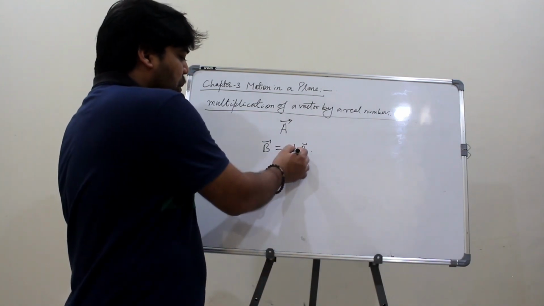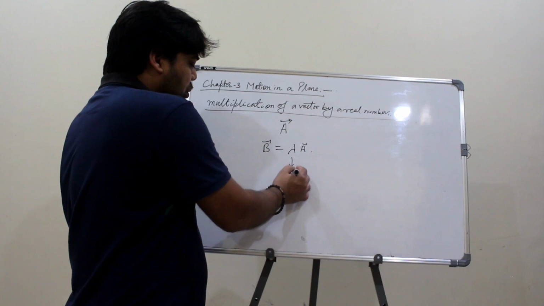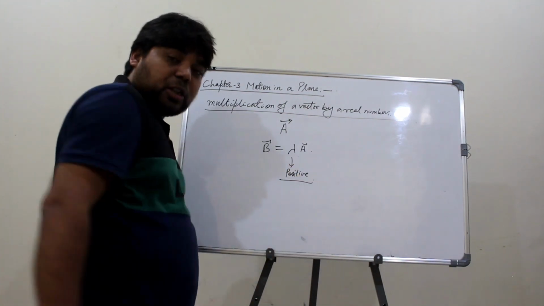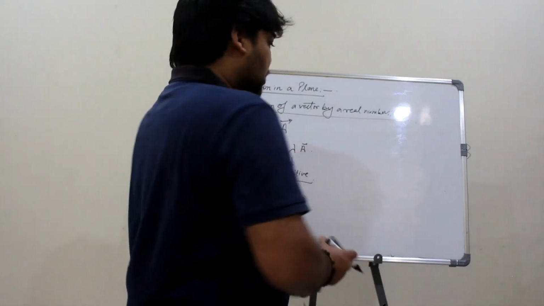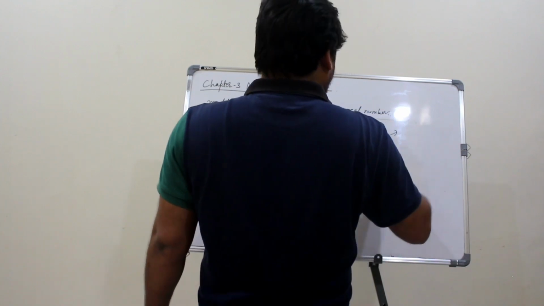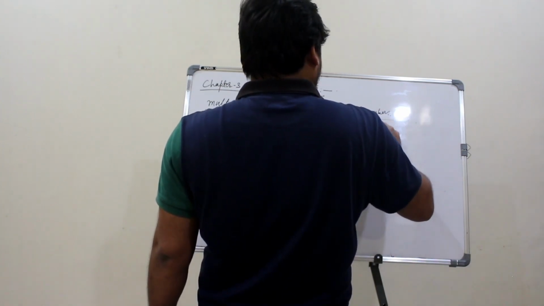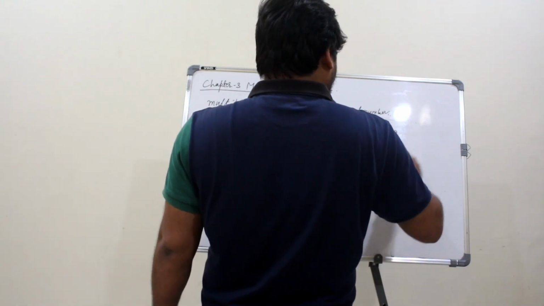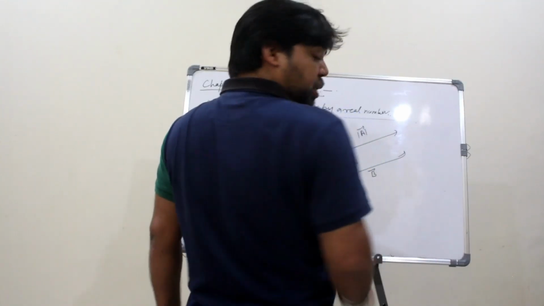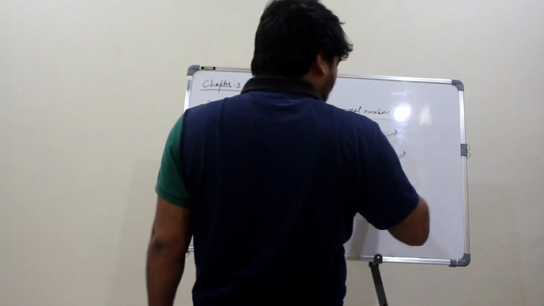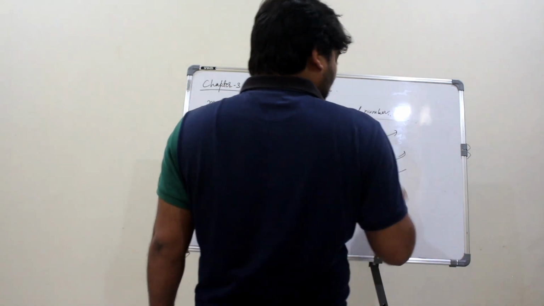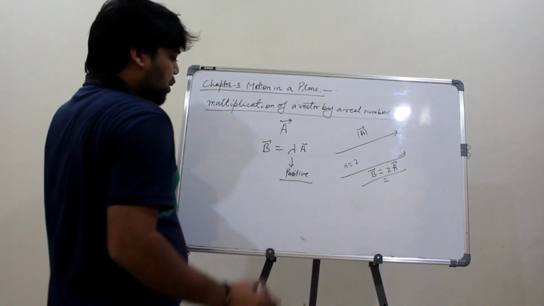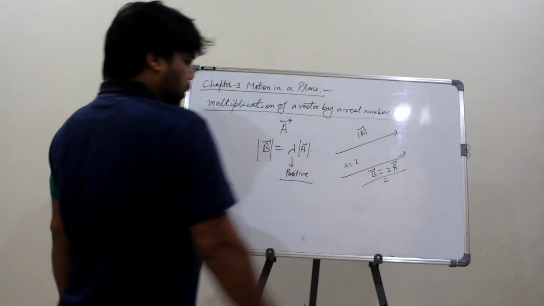If lambda is positive, it signifies that A and B are related by lambda. Let us take a simple example: if lambda is 2, then B is 2 times A in magnitude, and obviously they have the same direction, right? So mod B will be 2 times mod A. This is what we have.